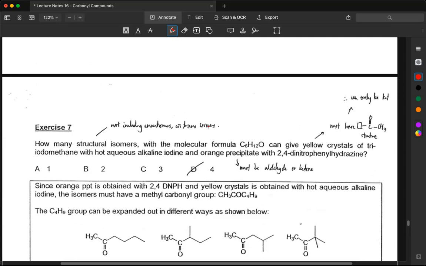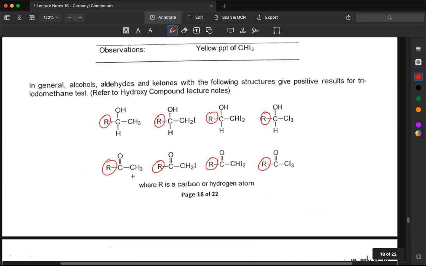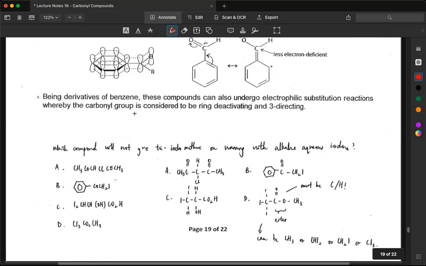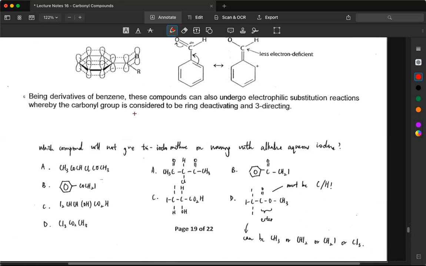To repeat, right here, it doesn't matter. This one also can, even if this is H. This one also can, and so on. Okay, doesn't matter. It may not be CH3, it can be CHI2, CH2I, or even CI3.